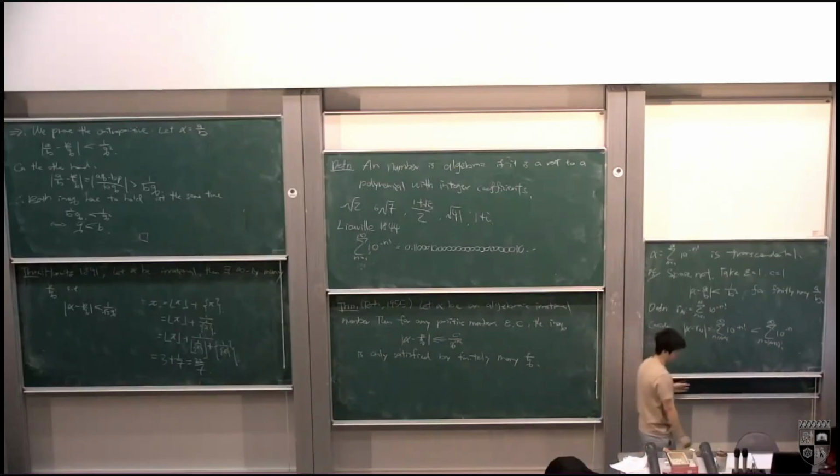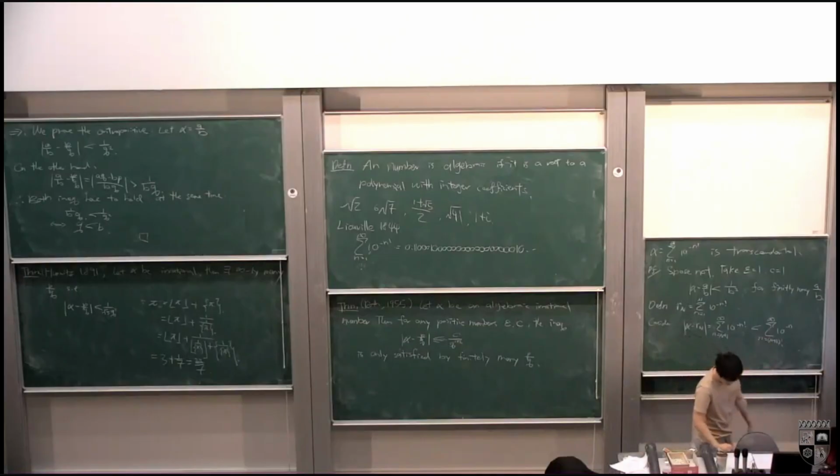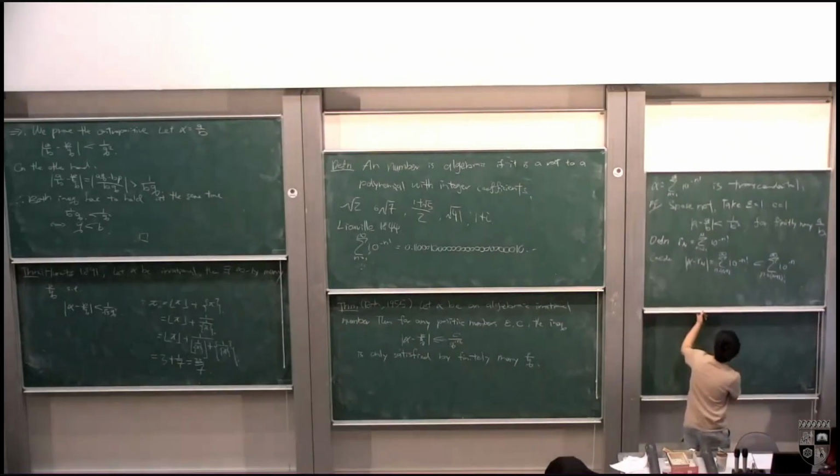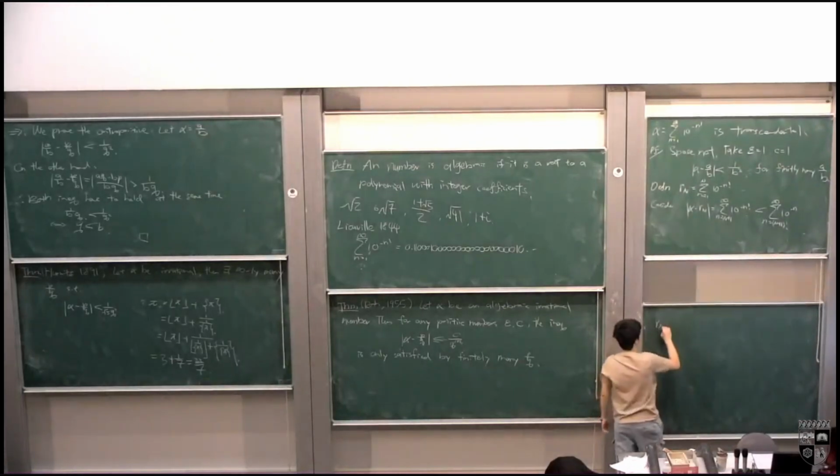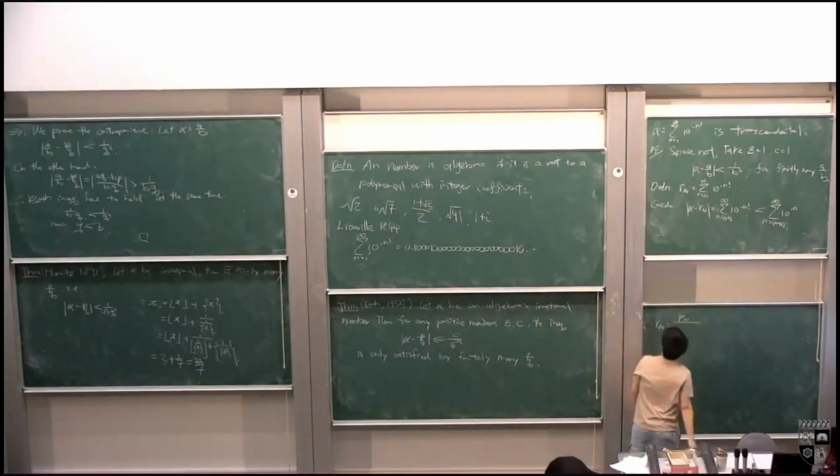So now we use Roth's theorem. Rn is of the form some numerator, doesn't matter really, over 10 to the power of n factorial.